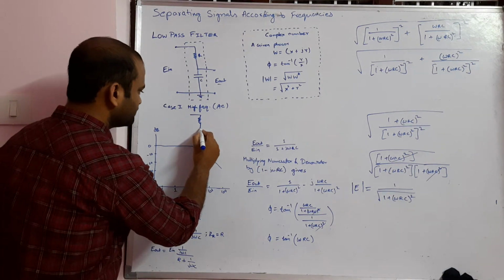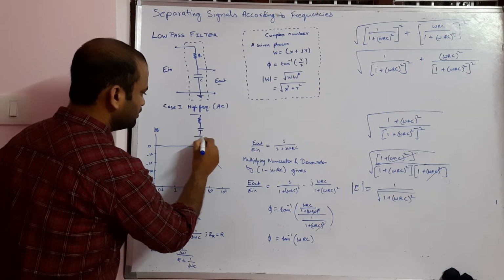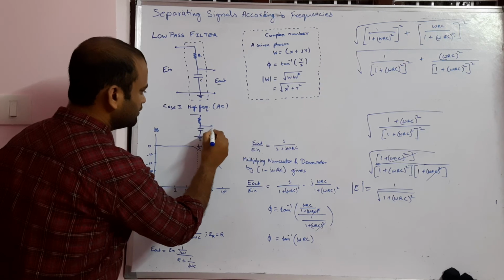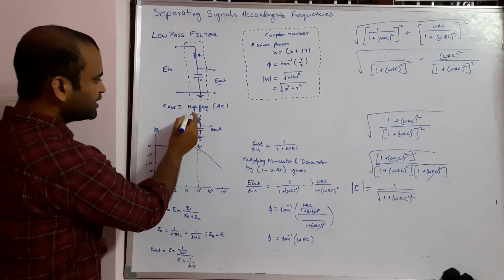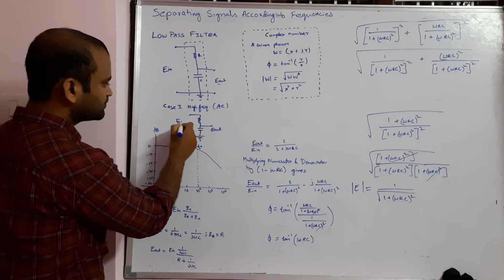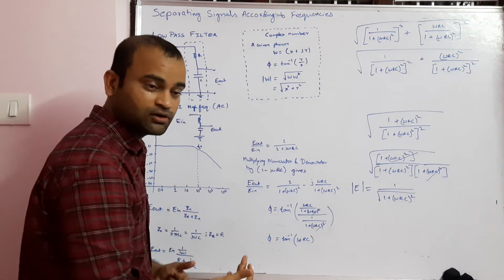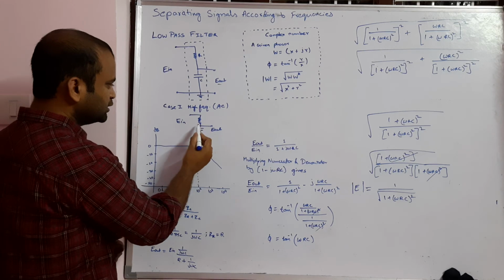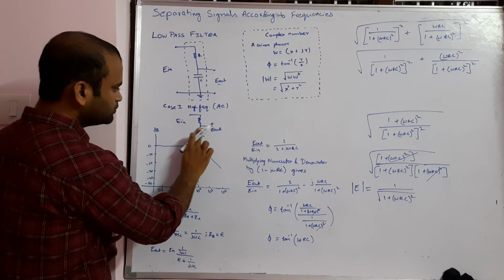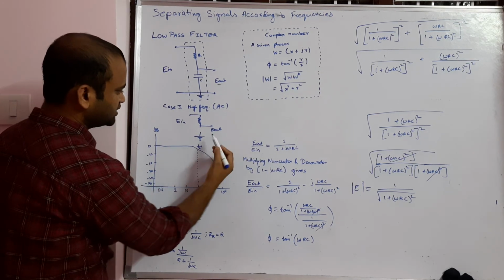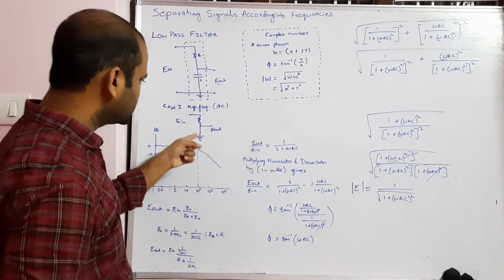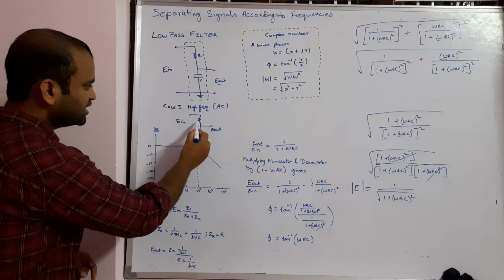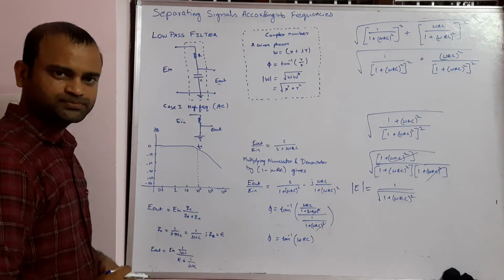Since we are giving an input signal here which has some frequency, or it's an AC, this circuit is modified to a short circuit. The capacitor is acting as a low impedance path or a short circuit. So the high frequency signal or the AC signal is grounded.